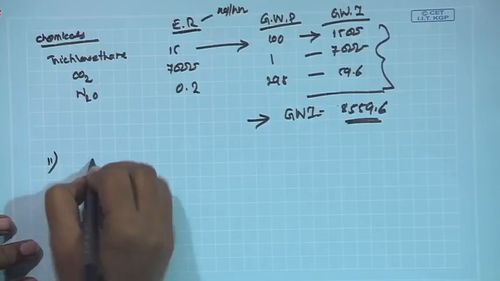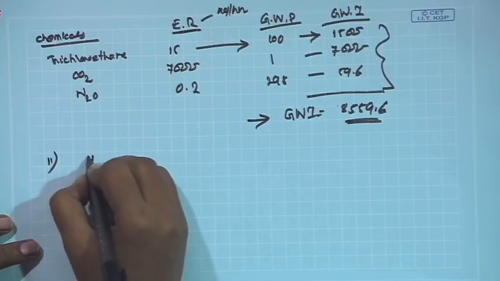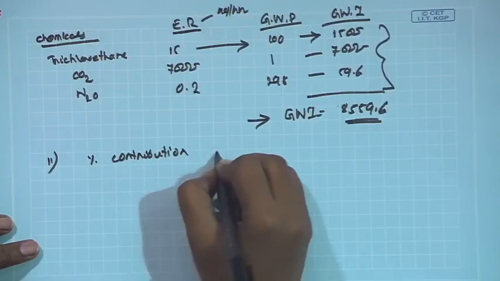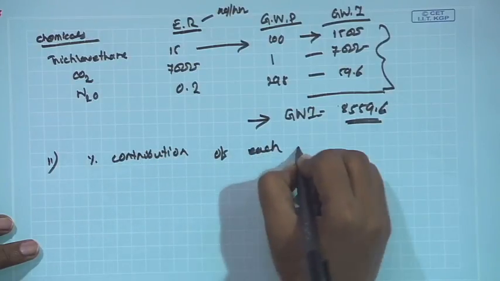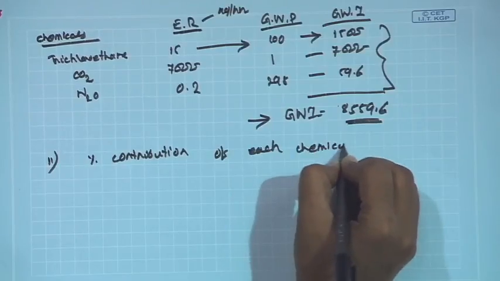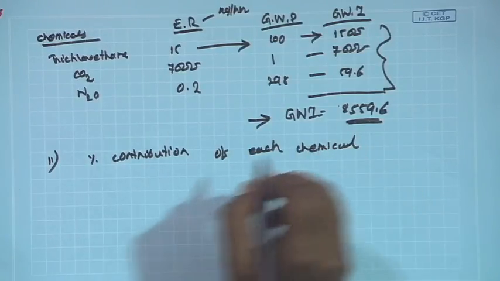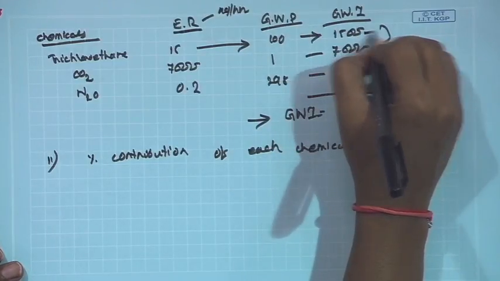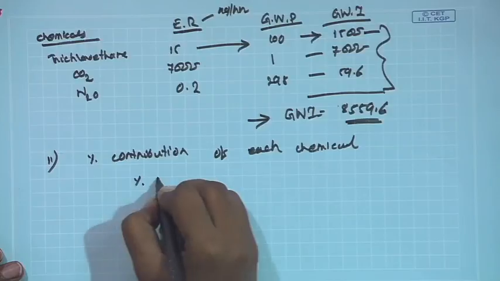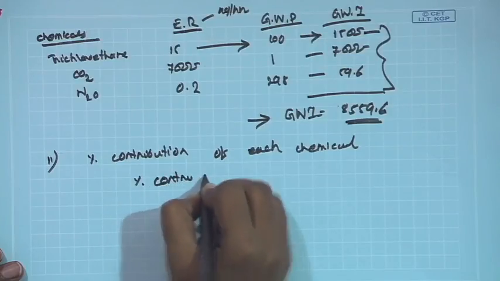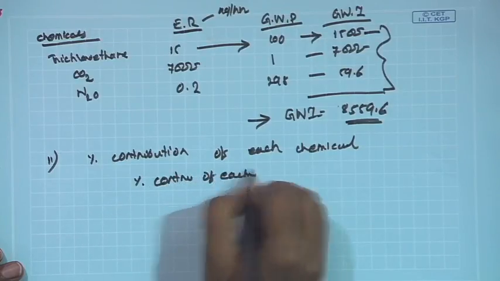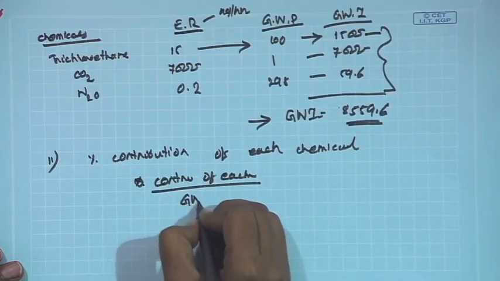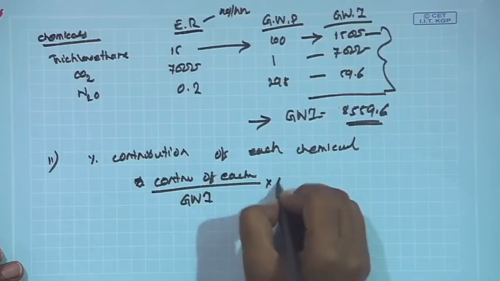Then the second part is the percentage contribution of each chemical, that is the contribution of each chemical divided by the total global warming index, multiplied by 100.